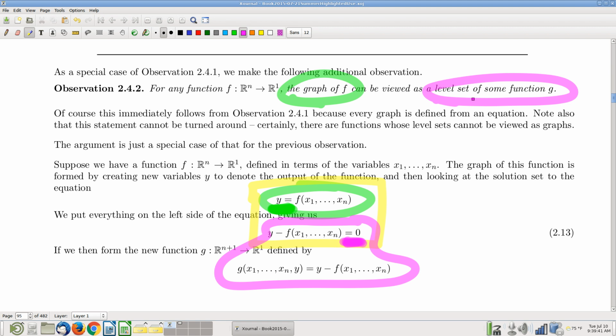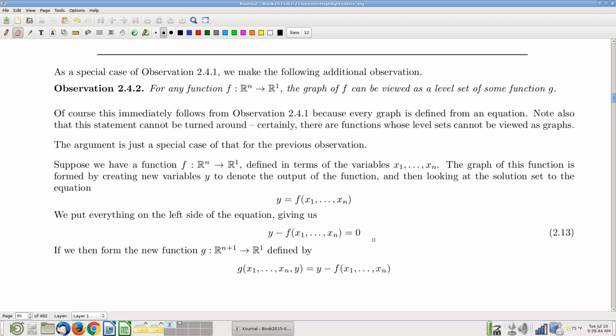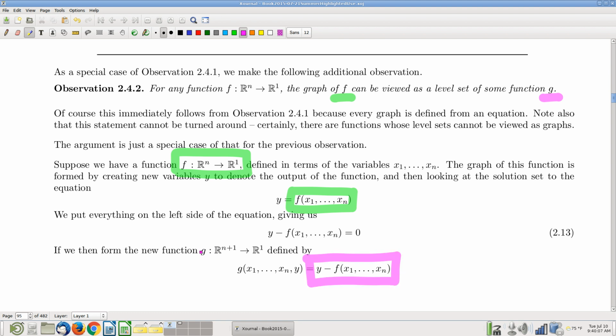So let's emphasize how different these functions are. The function whose graph we're looking at has this formula f. It has n input variables. The function whose level set we're looking at is this function g. It has n plus 1 input variables.